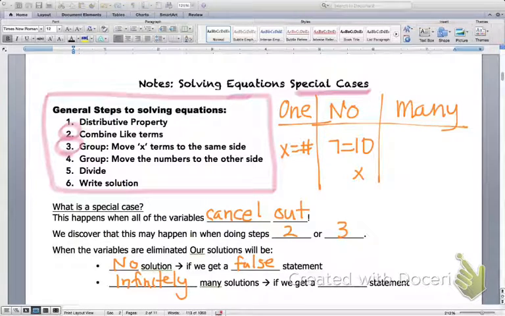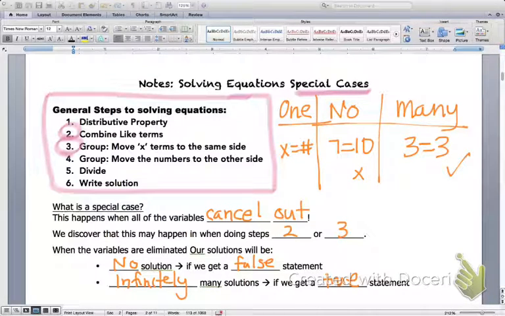Versus infinitely many solutions, if we get a true statement. Once our variable cancels out, we get something like 3 equals 3. This is a true statement. So these are our three cases of solving equations. You always get one solution. If the variables eliminate, no solution. Or you can get many solutions if the variables eliminate as well, but you get a true statement.